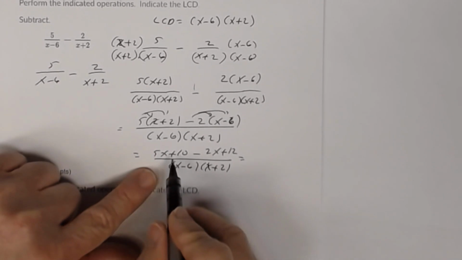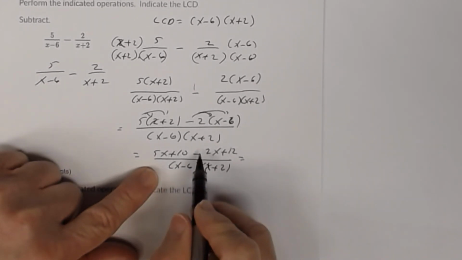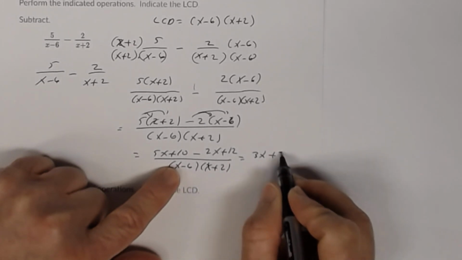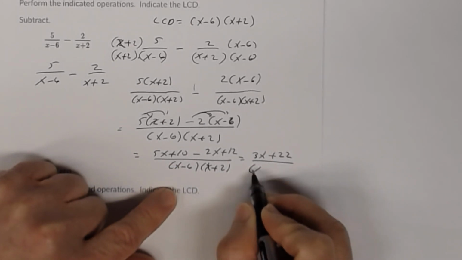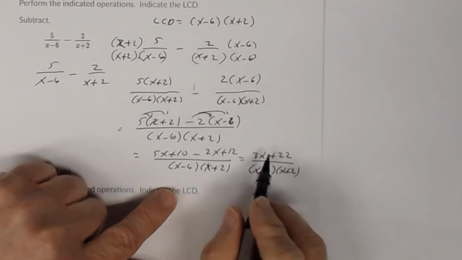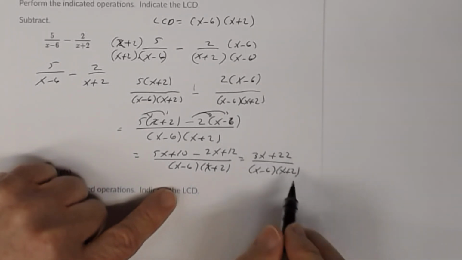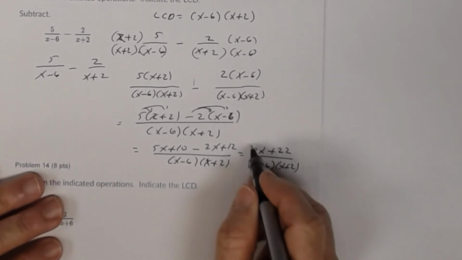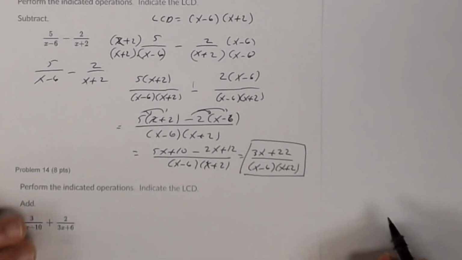So when I combine like terms in the numerator, 5x and a negative 2x is 3x. 10 and a positive 12 is a positive 22, divided by x minus 6, x plus 2. At this point, you want to factor the numerator and see if you can reduce. But I cannot factor the numerator. The GCF here is 1, so that's all you can do.